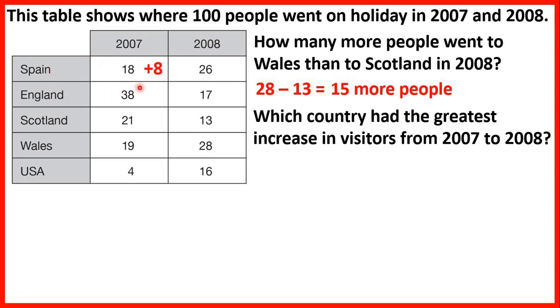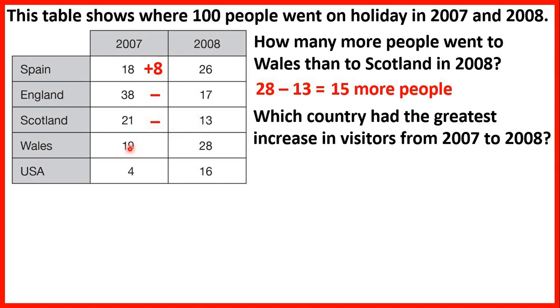But for England, the number in 2008 is smaller than the number in 2007. So that's not an increase at all. That's a decrease in the number of people going to England in 2008. And for Scotland as well, we have a decrease, not an increase, because the number is getting smaller, not larger.